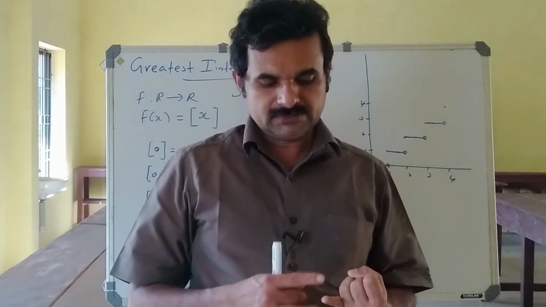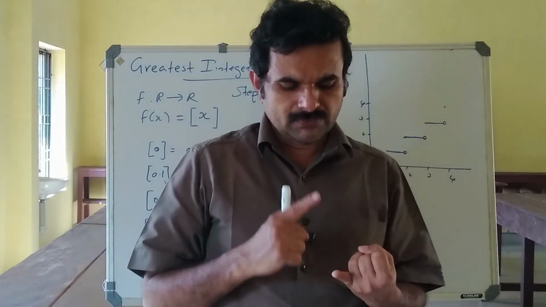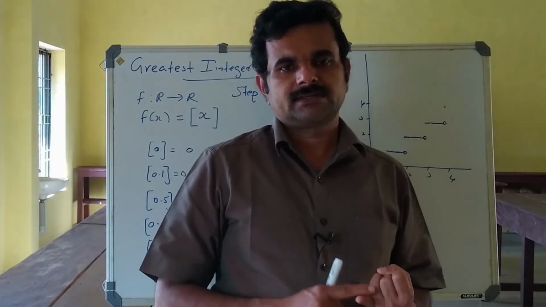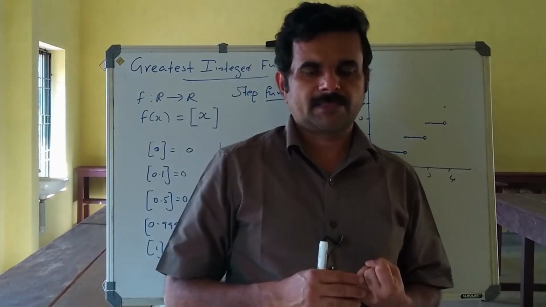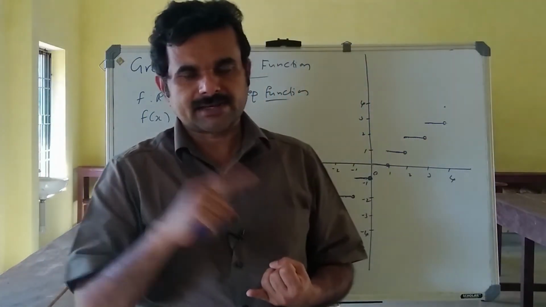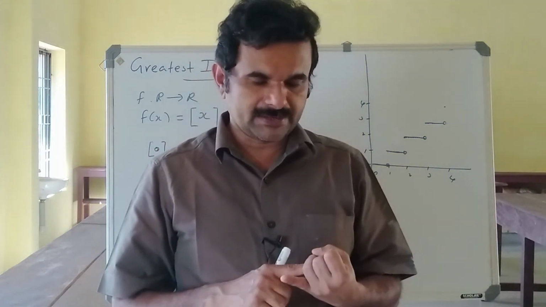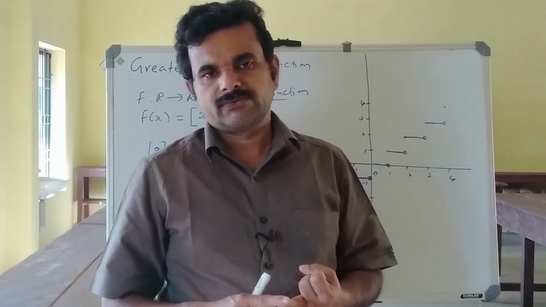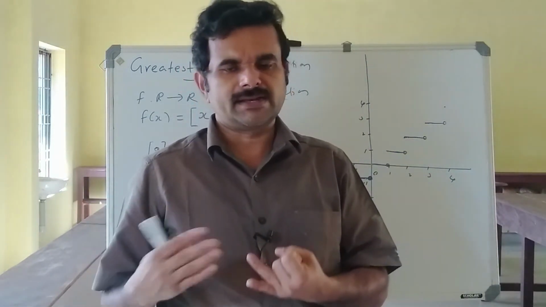So now we learned which types of graphs of functions. Firstly, we discussed the identity function, that is y equal to x, or f of x equal to x. Its graph is a straight line passing through the origin. And the second one is the constant function f of x equal to c, where c can be any real number or integer.